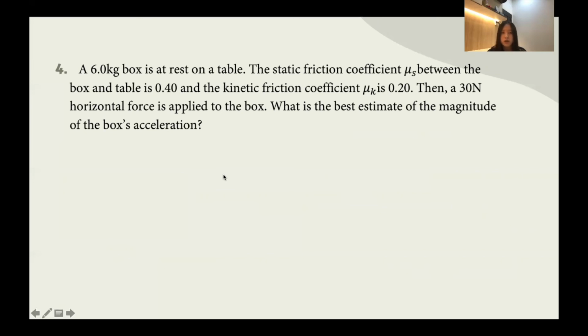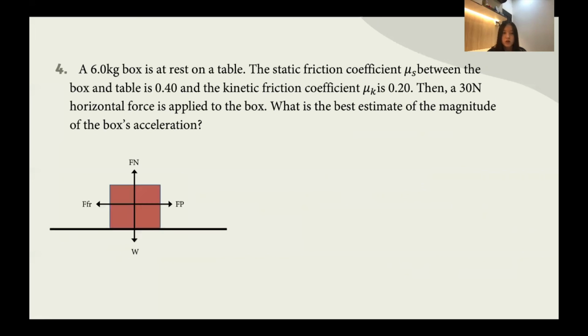Before we solve the question, we are going to draw the free body diagram for the box. In this question, we are going to find the acceleration of the box. Since we are finding the acceleration, we use the kinetic friction instead of static friction. So we can say that the applied force minus kinetic friction equals mass times acceleration.